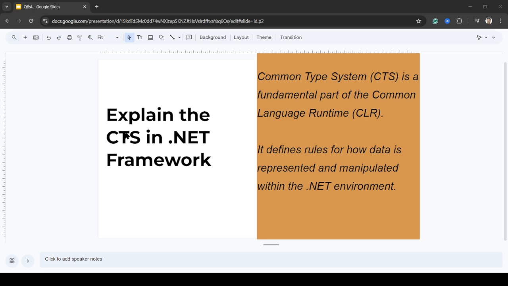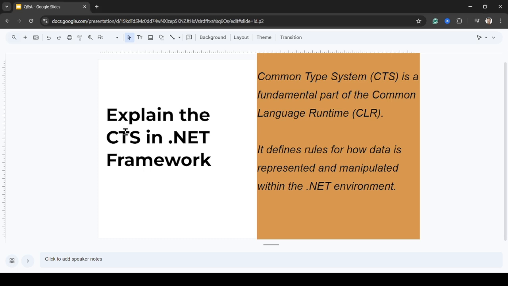So this means regardless of the programming language you are using, whether it's C Sharp, VB.NET, F Sharp or any other, you will work with a consistent set of data types and you will get the same result. That means if the execution happens on one machine and on another, the same expected output or behavior is produced, even if the code is written in any other .NET compatible language.